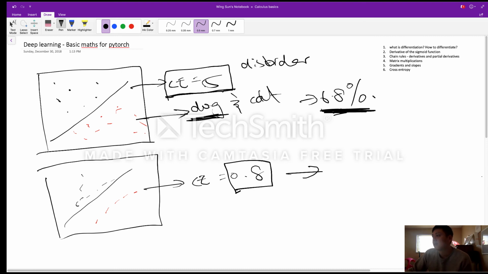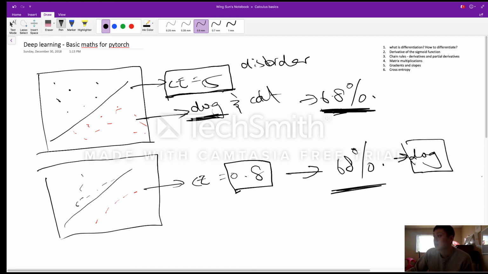And then if you predict that to be 68%, it basically tells you that the probability of that sample being a dog is real. It's not due to random chance. It is probably due to this being 68%.